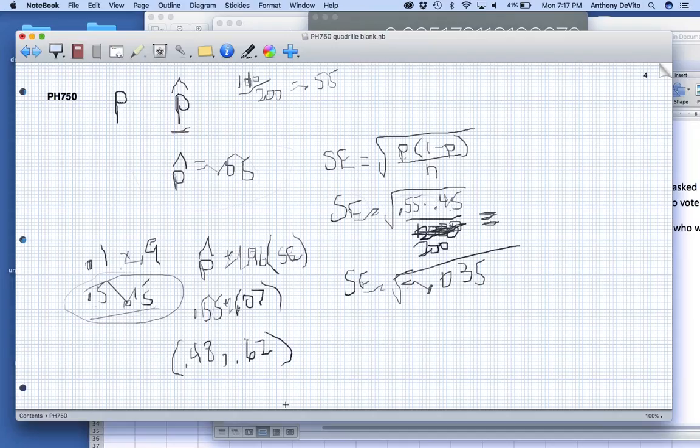If instead our standard error was smaller and we wound up with a confidence interval of 0.51 to 0.58, right? We're 95% sure the true proportion is between those two. That means we're also 95% sure it's not 0.5. We can compare it to a single known value, a set value, 0.5.